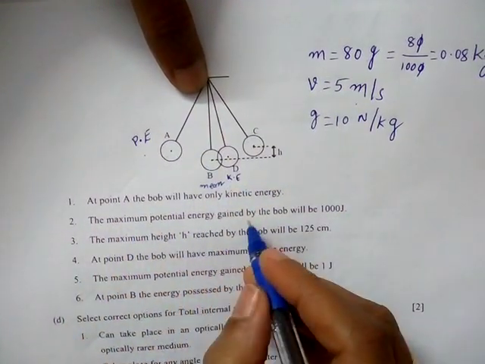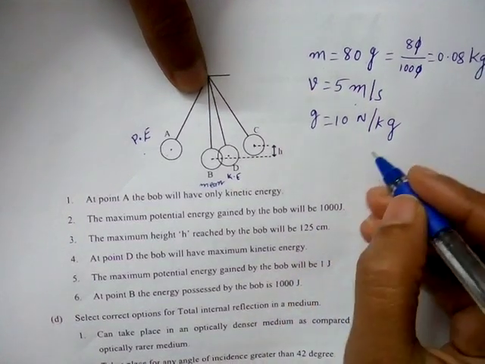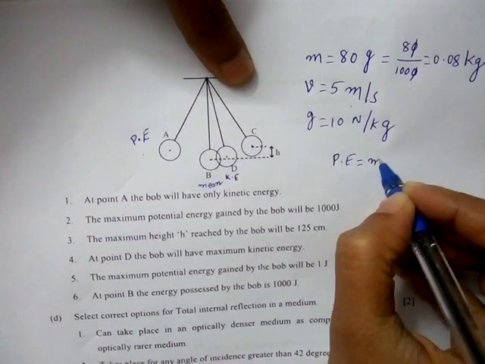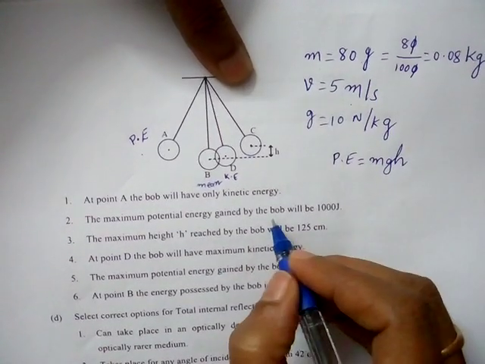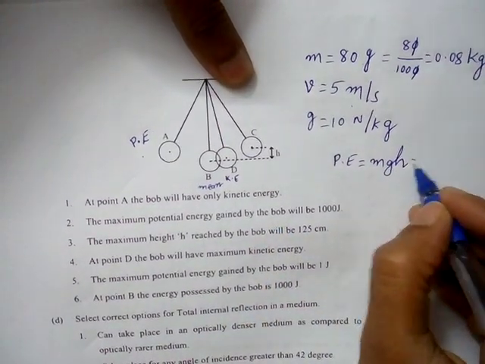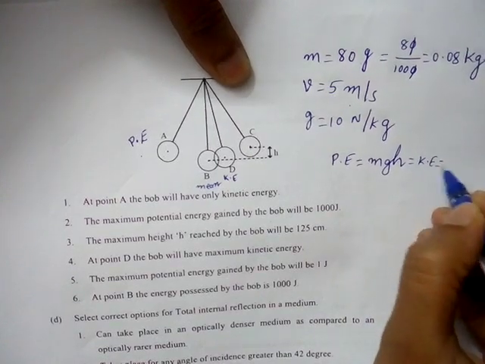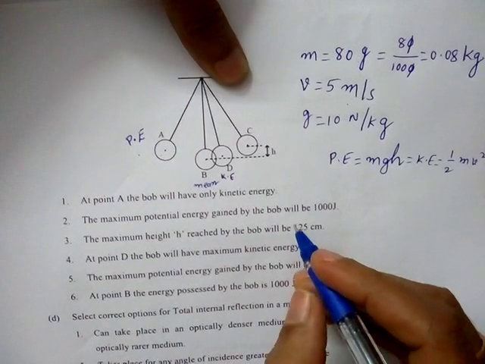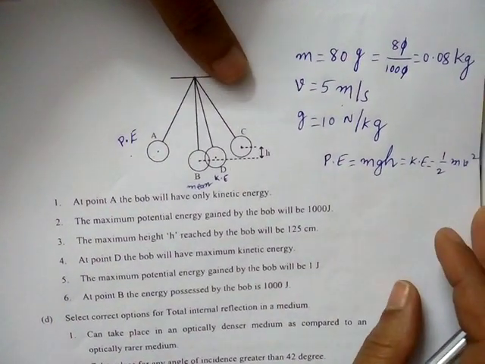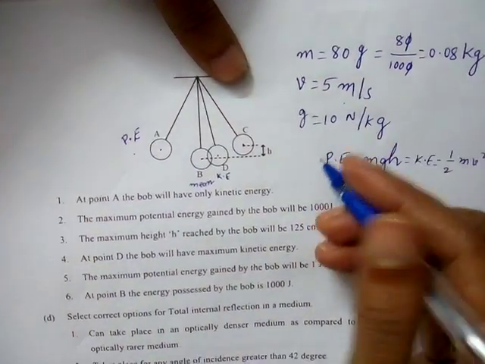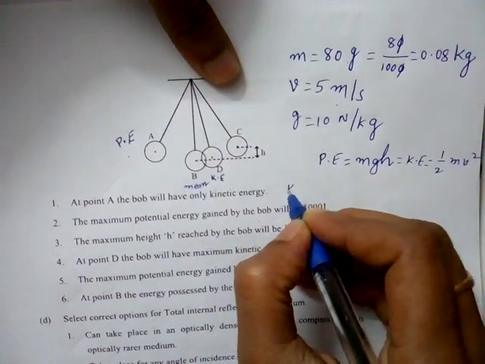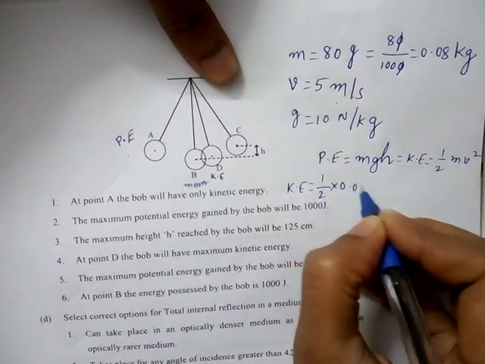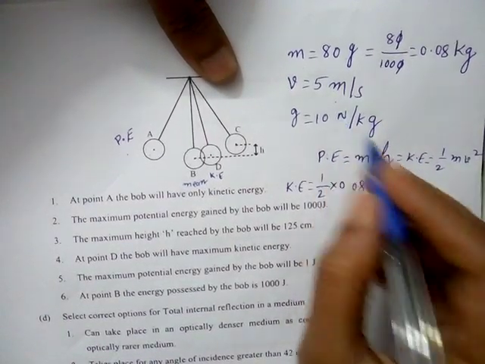The maximum potential energy gained by the bob will be, what will be the maximum potential energy? What is the formula? Potential energy is equal to mgh. As they are telling maximum, it will be equal to kinetic energy as well. So kinetic energy is equal to half mv square. You know mass, you know velocity, we will find the kinetic energy, so that the same will be potential energy. So KE is equal to half into 0.08 into 5 square.